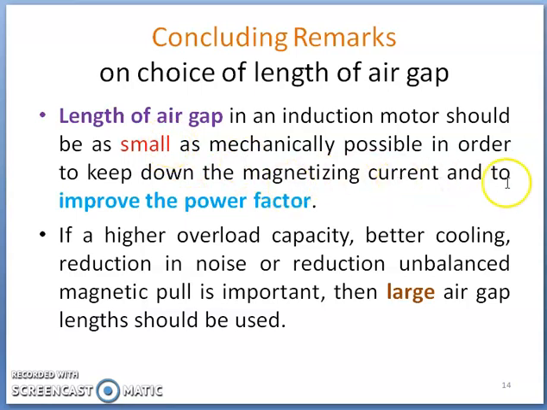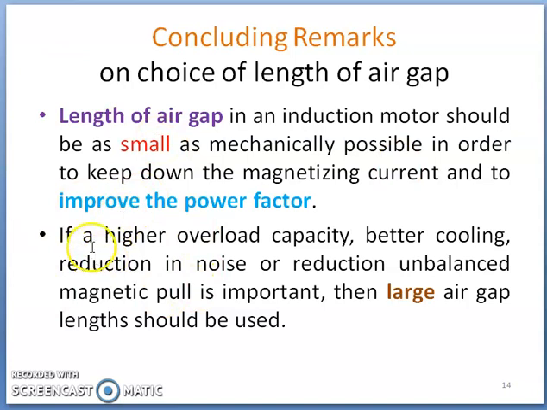And whenever magnetizing current drawn by machine is small, definitely that machine operates at better power factor. Hence, if length of air gap of induction motor is small, then magnetizing current drawn by machine will be low, and that will improve power factor. Small air gap length is beneficial in terms of power factor. Power factor of machine will be more for smaller air gap lengths.